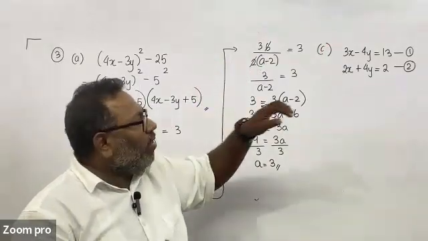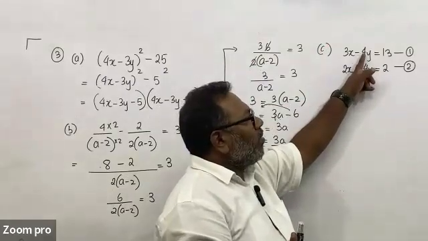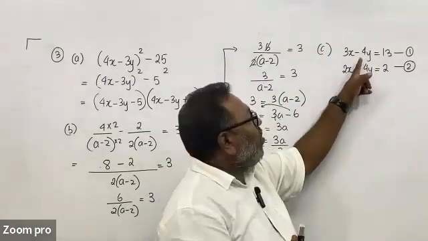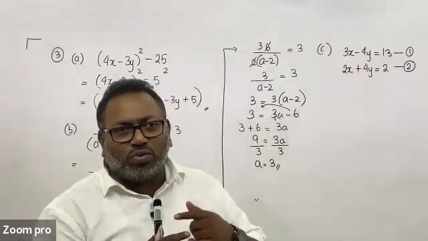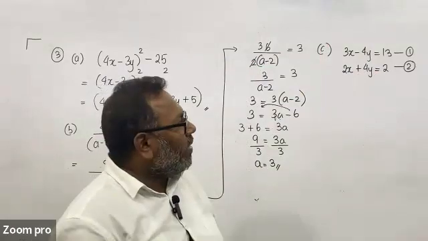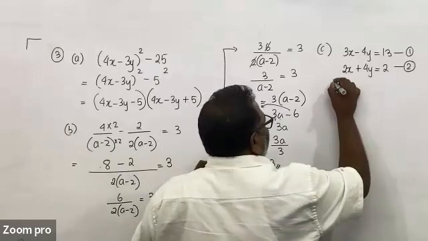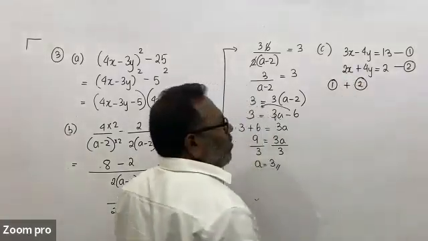That's your first rule. When you eliminate y, the coefficients are the same. The only thing is the signs are different. When the signs are different, what do you need to do? You have to add the two equations. So you add equation 1 plus equation 2.